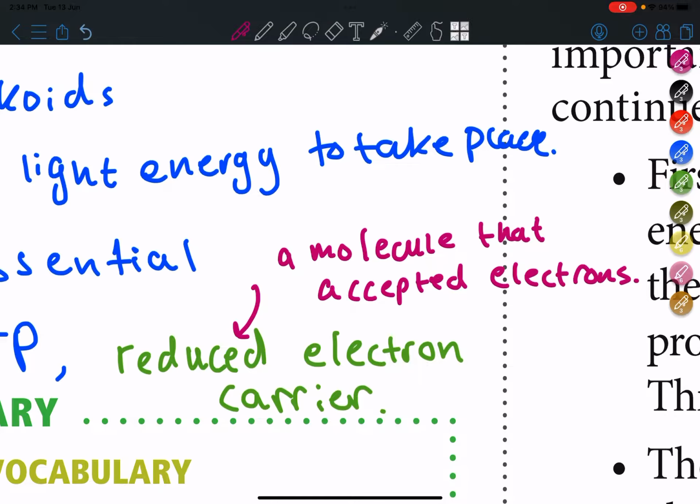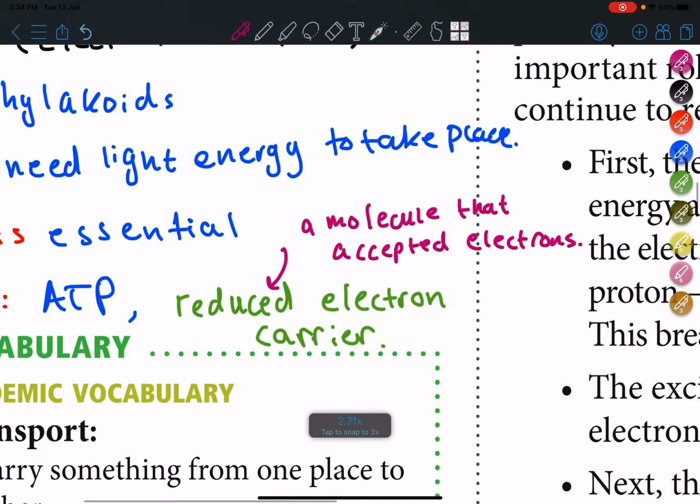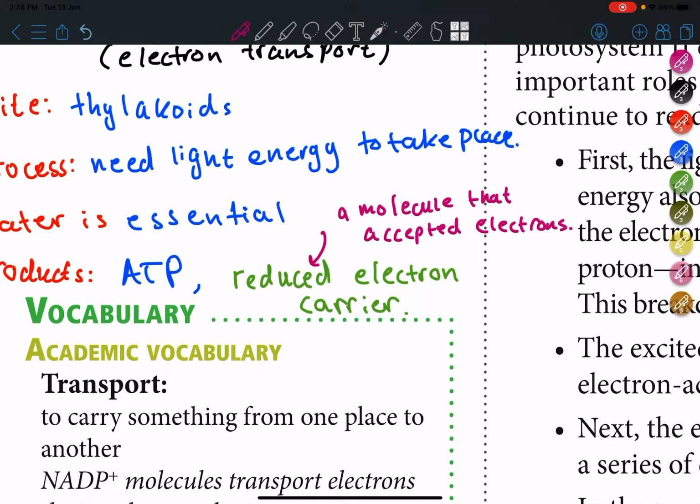And this will make more sense in a moment when we discuss the steps. So we have ATP, the reduced electron carrier NADPH, and we have oxygen released as a byproduct. So O2 as a byproduct.